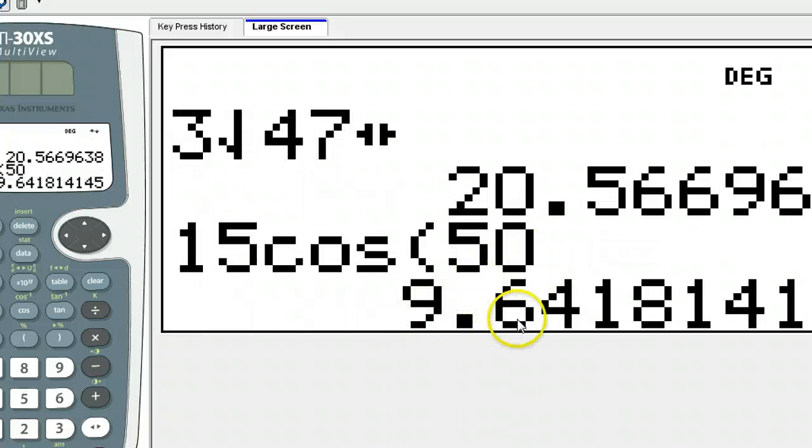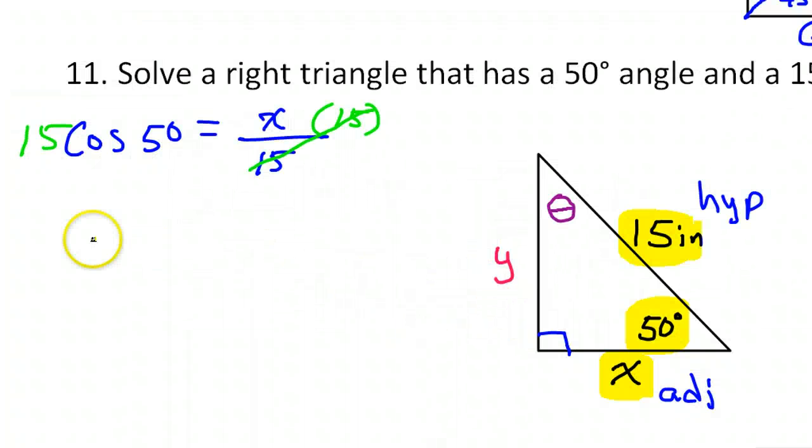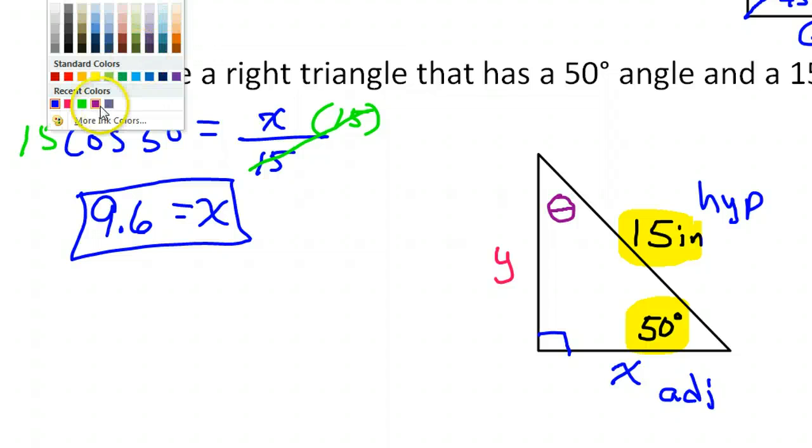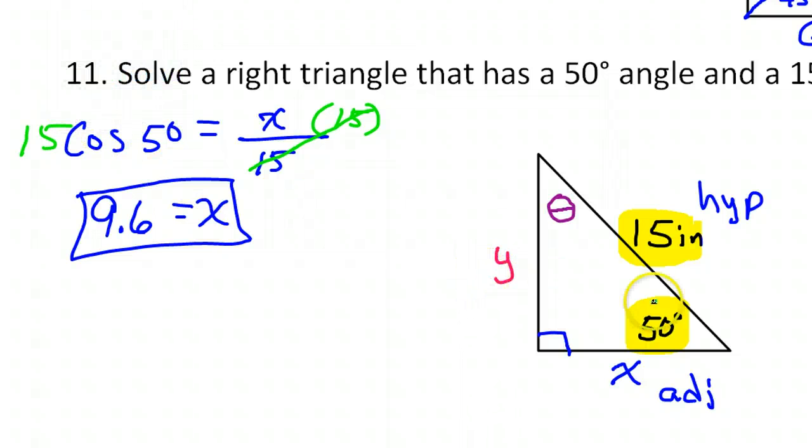So that is 9.6. Okay, that's one of the three pieces I need to find. Now I need to find side Y. Okay, so I'm going to switch to that color.